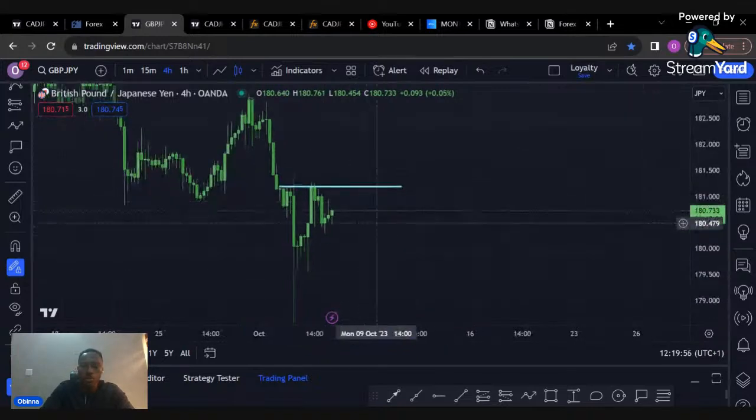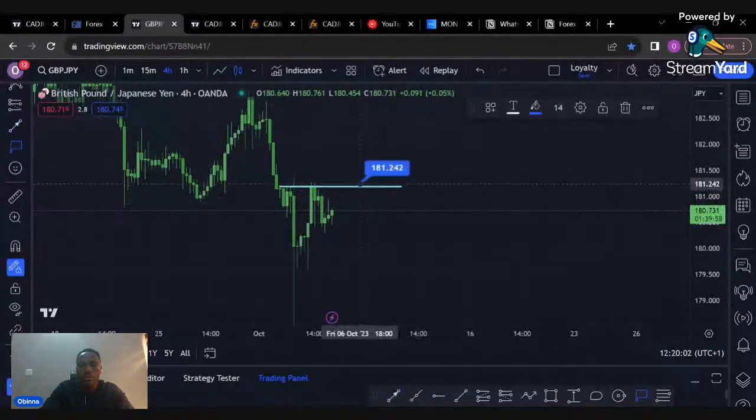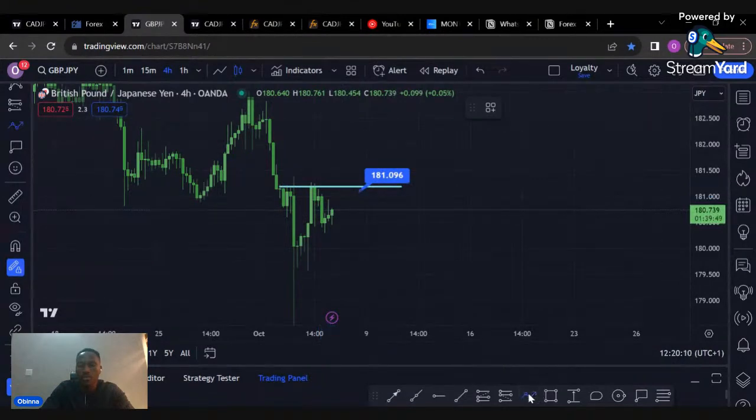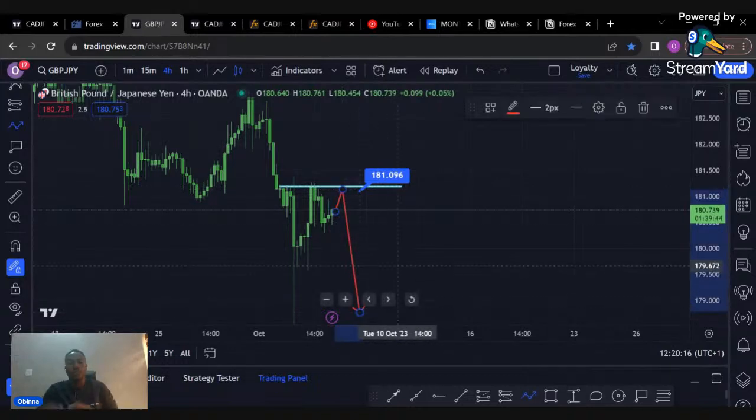So what you want to do is either use a pending order for sales around here, or you want price to push back up. You want to see that price does not break around this place, and push back up before you take your sales.